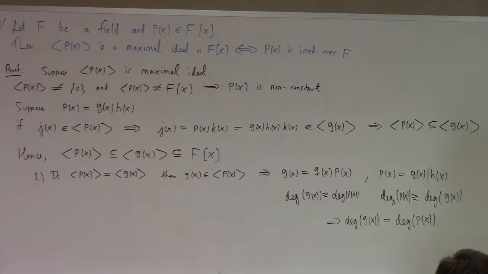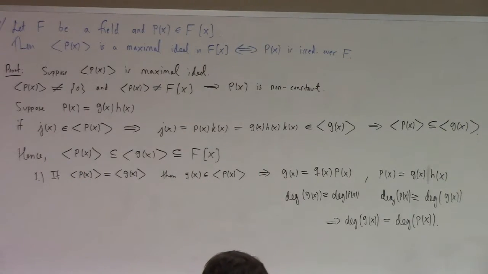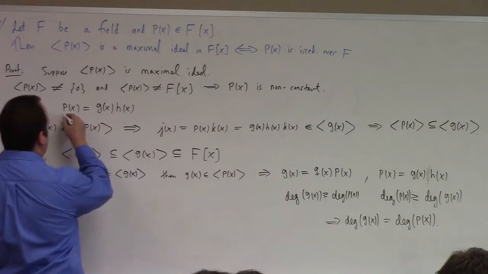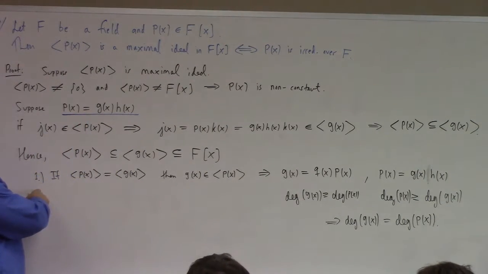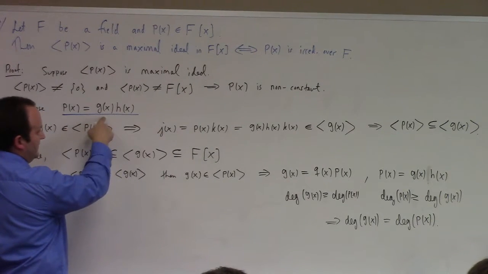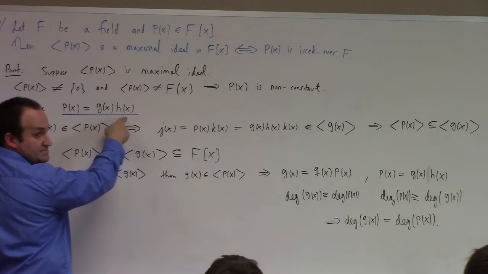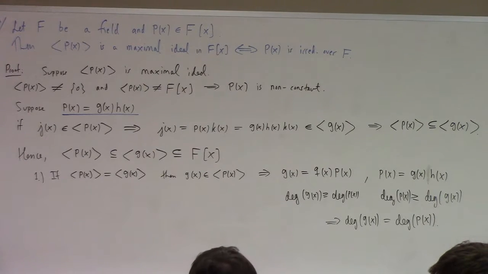So what does that say? That's exactly the result we want, right? Because if you go back up to here, case 1 has said that the degree of p is equal to the degree of g. What does that make the degree of h? That makes the degree of h 0, right? So basically h is a non-zero constant, which is, by the way, a unit in this ring.